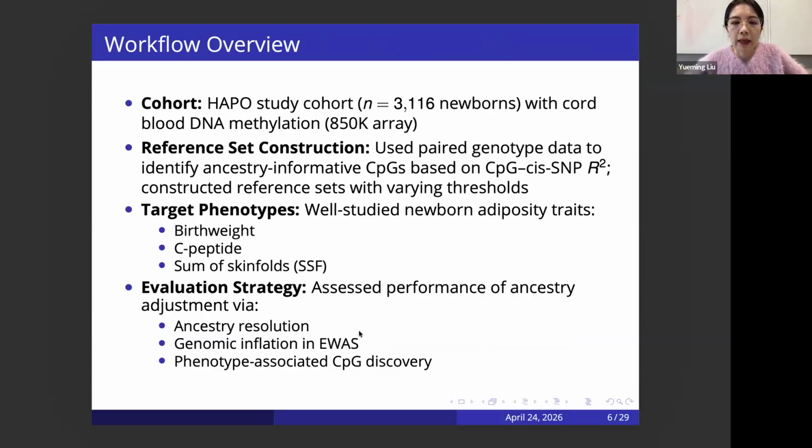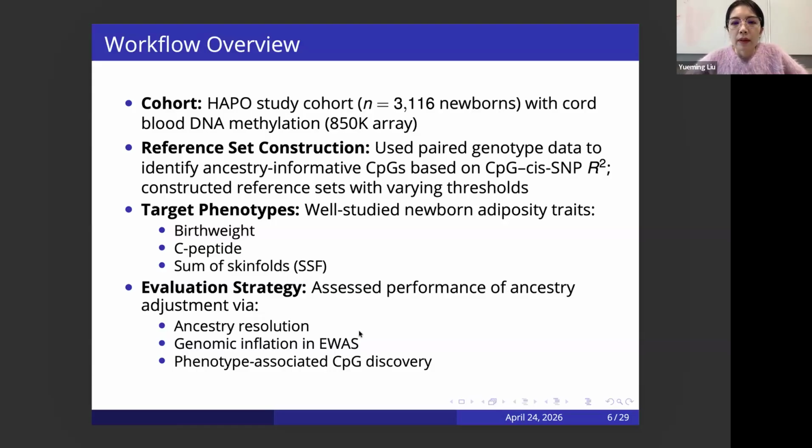Here is the idea of how we construct those reference sets. We use paired genotype data to identify ancestry-informative CpGs based on CpG cis-SNP R-squared, and construct reference sets based on varying thresholds.